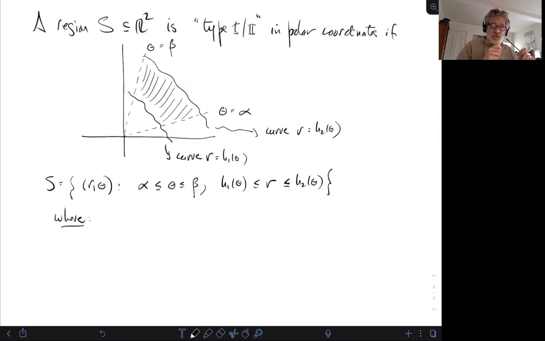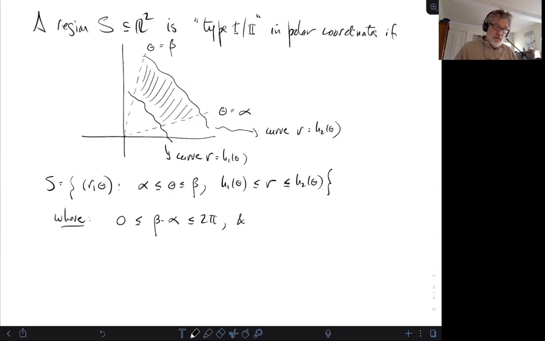The angles that you choose, you don't want to go looping several times because this is going to mess up the value of your integral. So with alpha and beta, you have to be careful with adding 2 pi's. The distance between beta and alpha cannot be bigger than 2 pi. That means you're going around twice, too many times.